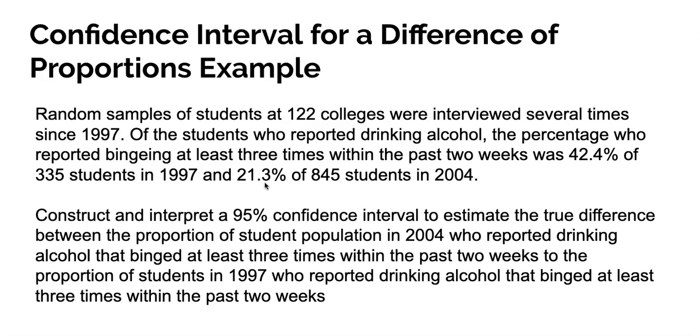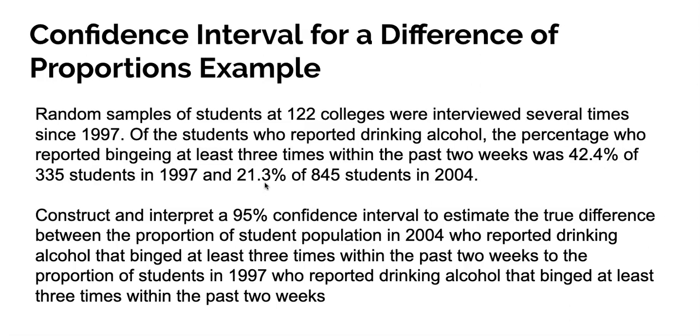We want to construct and interpret a 95% confidence interval to estimate the true difference between the proportion of the student population in 2004 who reported binge drinking at least 3 times within the past 2 weeks and the proportion of students in 1997 who reported the same. They make the sentence so wordy, but I see what we are doing.